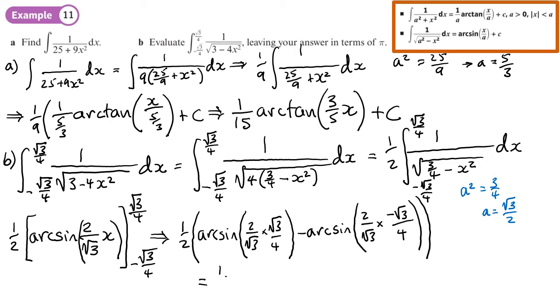Right, now using a calculator, we'll get half times by, so this bit here, arc sine of all of that, which is basically arc sine of half, works out to be pi/6 minus, and then the arc sine of all of this, which is basically arc sine of negative a half, is negative pi over 6.